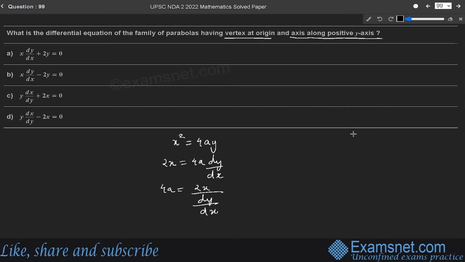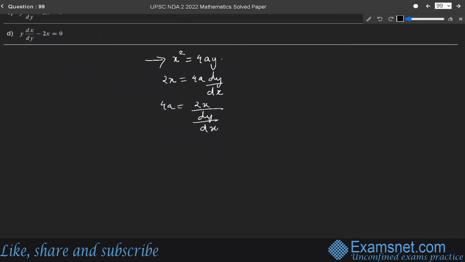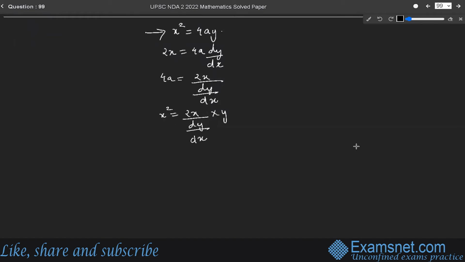Putting the value of 4a in the equation for the parabola, we will get x square is equal to 2x upon dy by dx into y. So it will be x square dy by dx is equal to 2xy. This x and x will be cancelled.